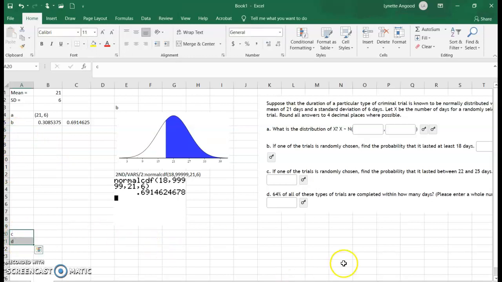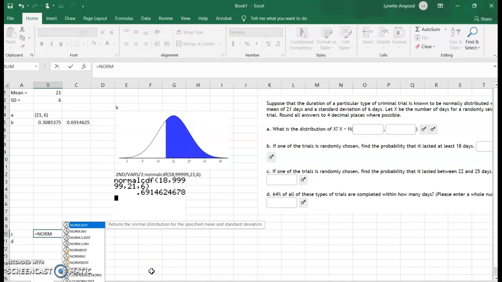So let's start with how we go about doing this in Microsoft Excel. What you're going to have to do in Microsoft Excel is find the area below the lower of the two and the area below the upper of the two and subtract those areas. So we're going to use that same command, equals norm.dist.